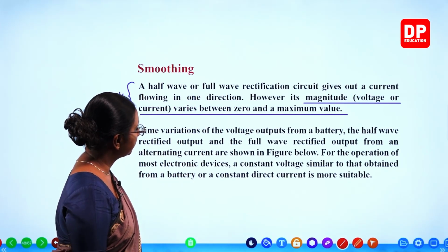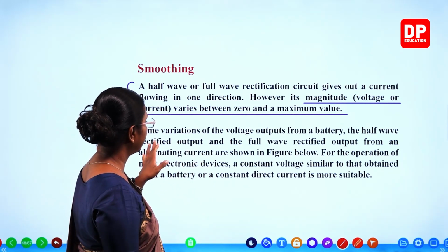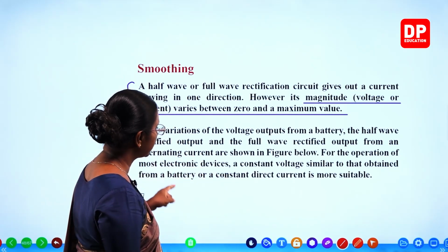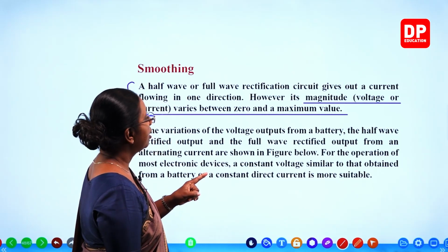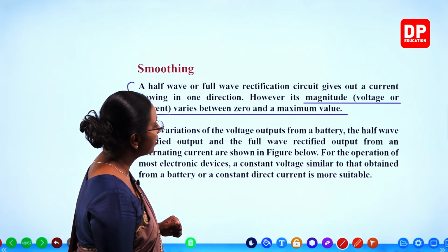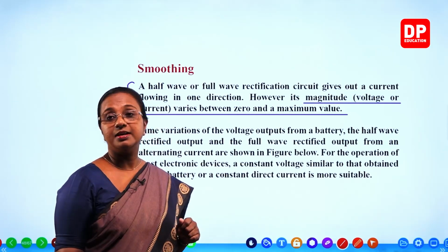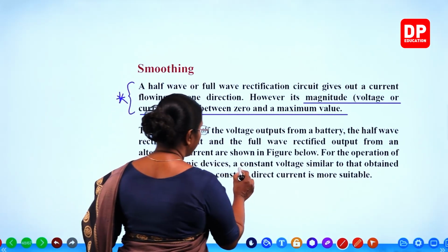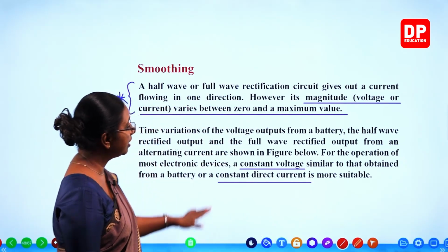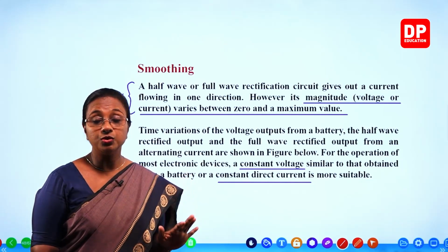For the operation of most electronic devices, a constant voltage similar to that obtained from a battery, or a constant direct current, is more suitable. That is what I told you all before.